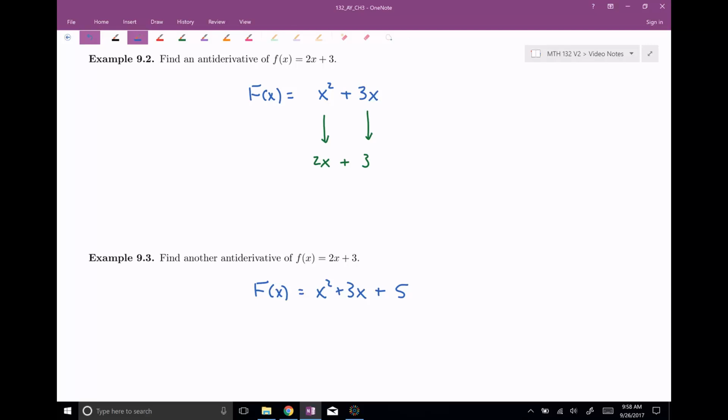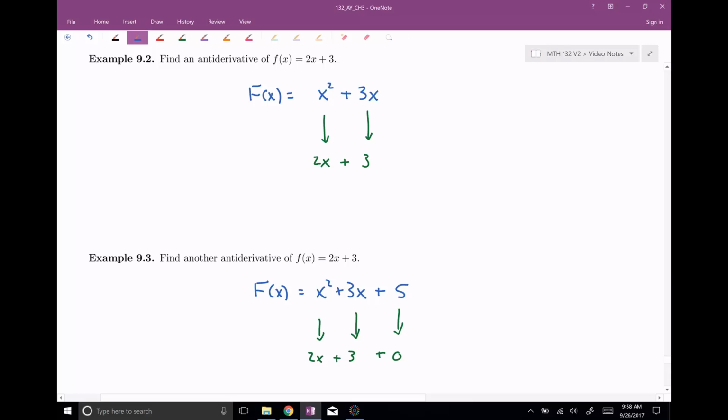Whatever you add to this, when you take the derivative, it would be 2x plus 3, and then the derivative of 5 is 0. So whenever you add a constant here, you still get the same derivative. So this will also be an antiderivative of f of x. Okay, so there are infinitely many antiderivatives, just plus any constant here.